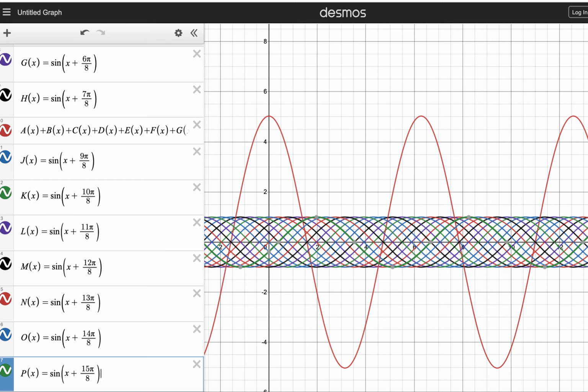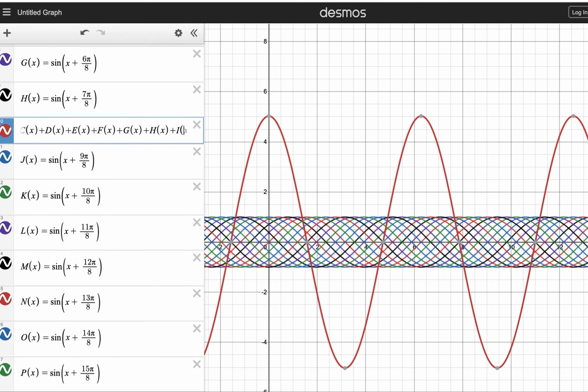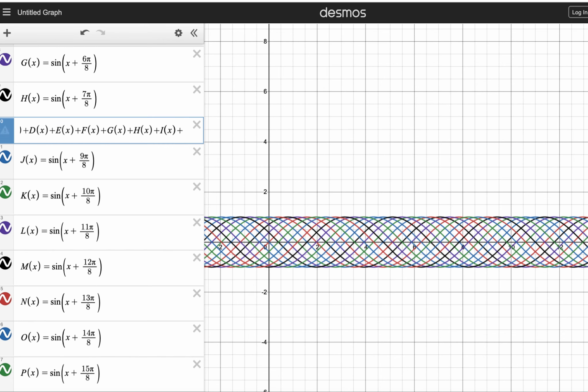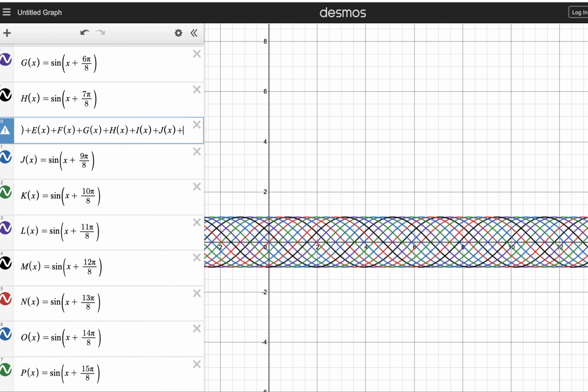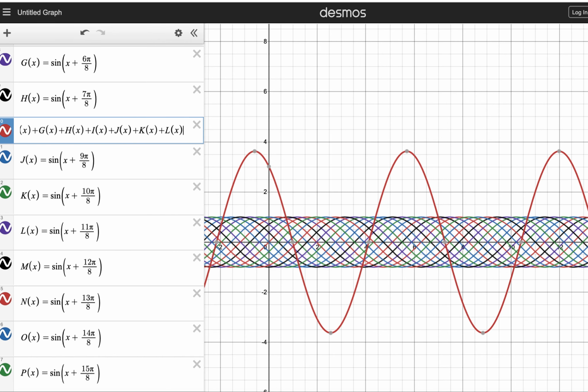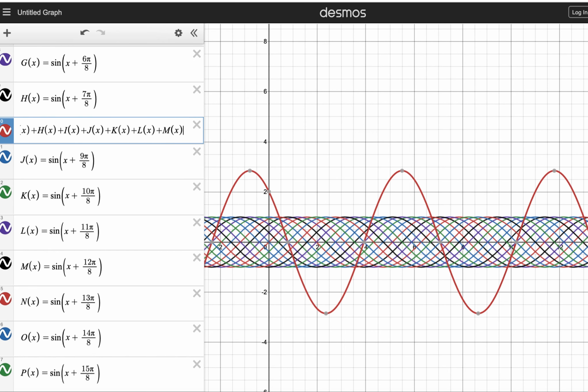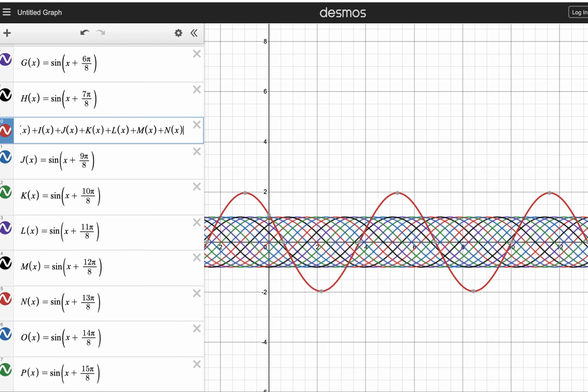Alright, you can probably see what'll happen now. We go back to our total sum and just now we want to just keep adding the new waveforms. And you can see what's happening, right?